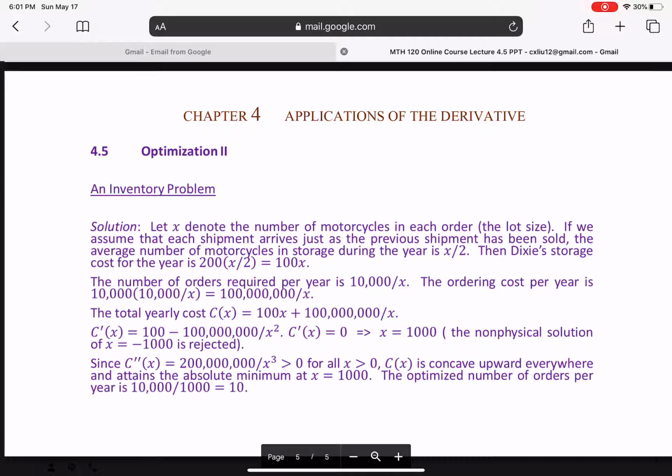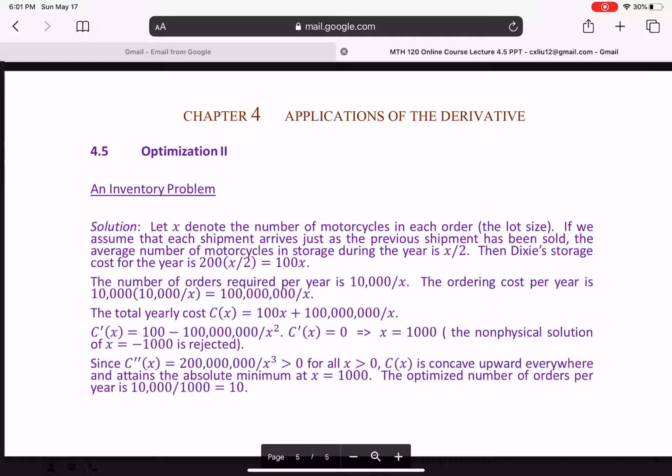And the ordering cost per year is $10,000 times this number of orders, 10,000 over x, which is 100 million over x. We know for each shipment of motorcycles, it takes $10,000. So the total yearly cost includes the shipping fee and the storage fee. So that's 100x plus 100 million over x.